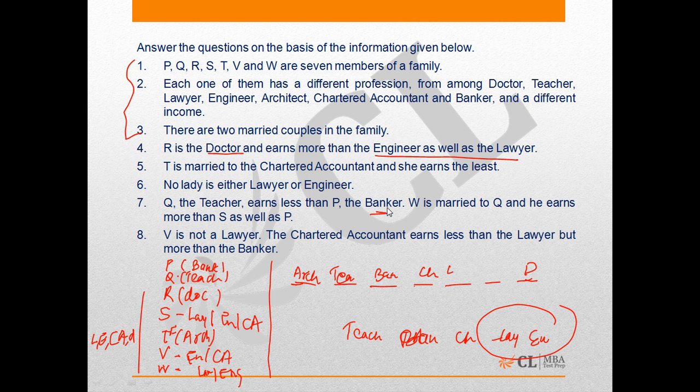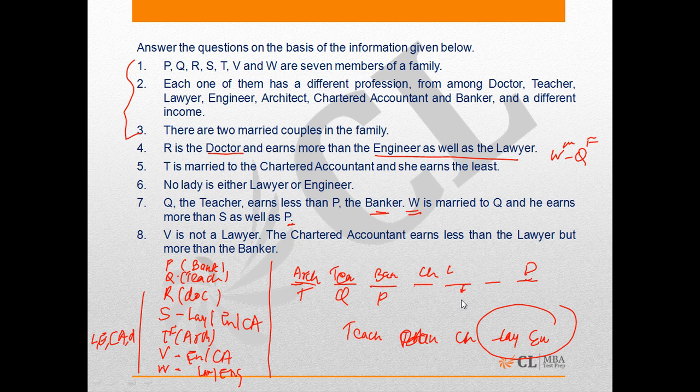We know that W, who is married to Q, earns more than S as well as P. We know that P is banker and Q is teacher, T is architect, and the profession of W is lawyer or engineer, and W earns more than S as well as P. So the position occupied by W in terms of income has to be the third from the top or the second from the top.